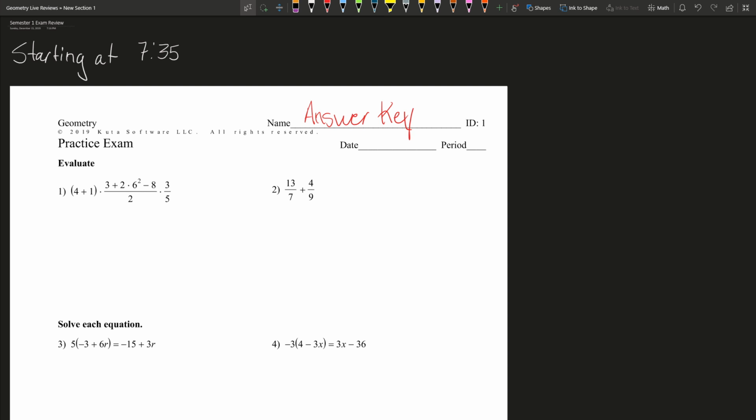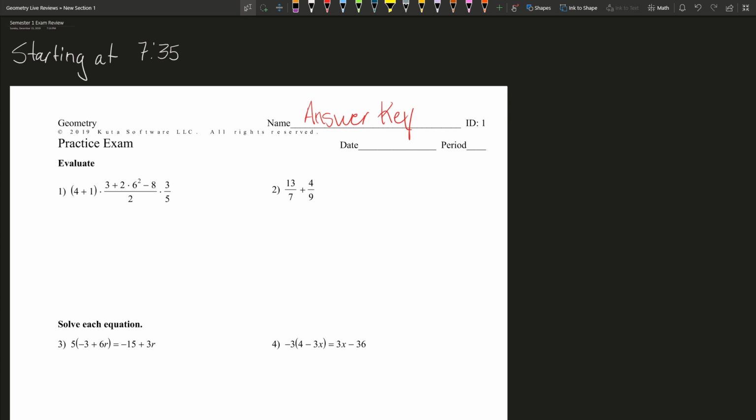Things to keep in mind, there are a couple of things that you just kind of have to memorize. So, names of polygons, certain definitions like regular polygon, equilateral, equiangular, vertical angles, linear pair, all those names that you would use for a proof are all fair game.